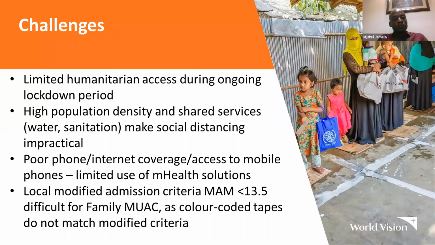And then also there is an aspect of poor phone and internet coverage, and also limited access to mobile phones amongst our community, which limits our ability to leverage technologies such as mHealth solutions within our programming.